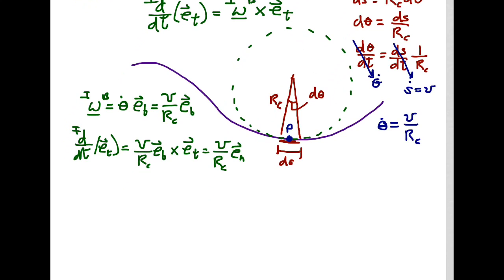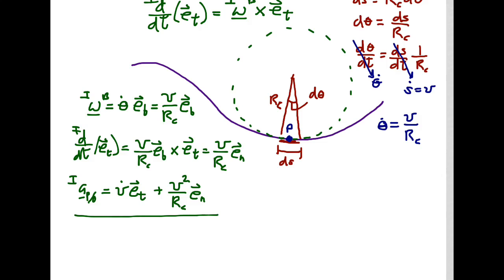And then when we substitute this back in, we see that our acceleration of p with respect to O in the inertial reference frame is equal to v dot, or our acceleration, this is our increase in speed or decrease in speed in the tangential direction, plus our speed squared divided by the radius of curvature, and that's in the normal direction. And so we get this really nice, simple expression for our acceleration.